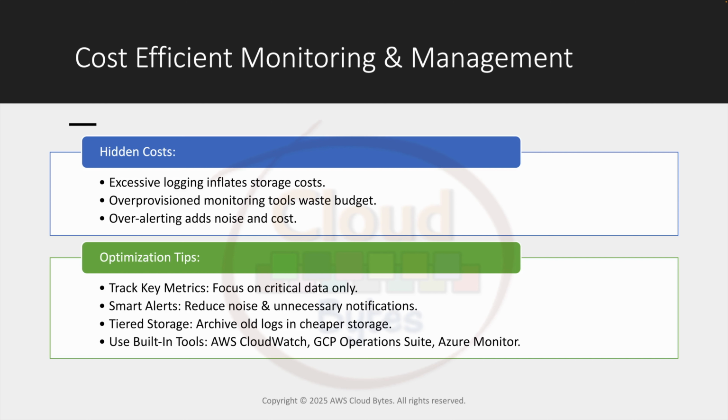Are those RTOs and RPOs measured in your monitoring so that you can have some kind of alerts before things go bad. Excessive logging will inflate your storage, and similarly over provisioned tools are a lot of expense. Over alerting adds noise and people will start paying less and less attention. It is not only going to add noise, it is also going to cost you.